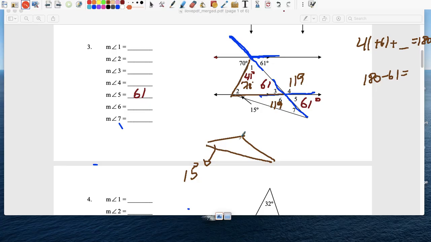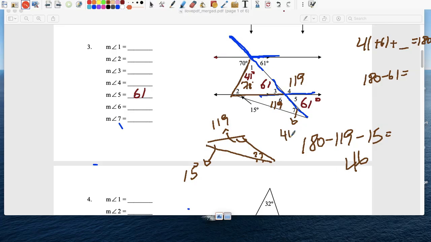We just found that this angle here is 119. Can you find this guy here? It's going to be 180 minus 119 minus 15, which gives us 46. So that angle there is 46.